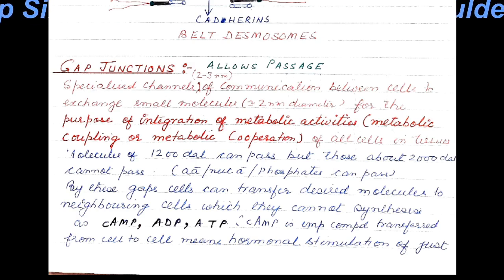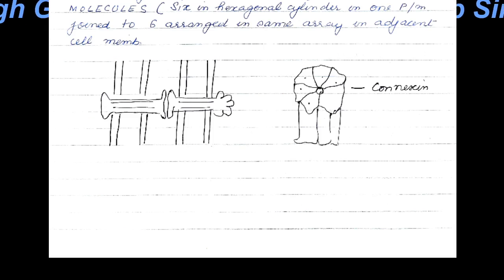Because all the cells cannot synthesize all the important ingredients of the cellular machinery like cAMP and ATP. They need to be transported to other cells, and for their passage, gap junctions are involved.